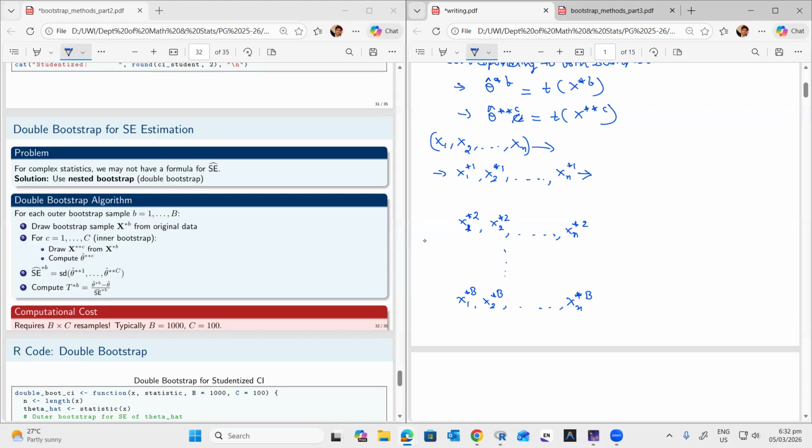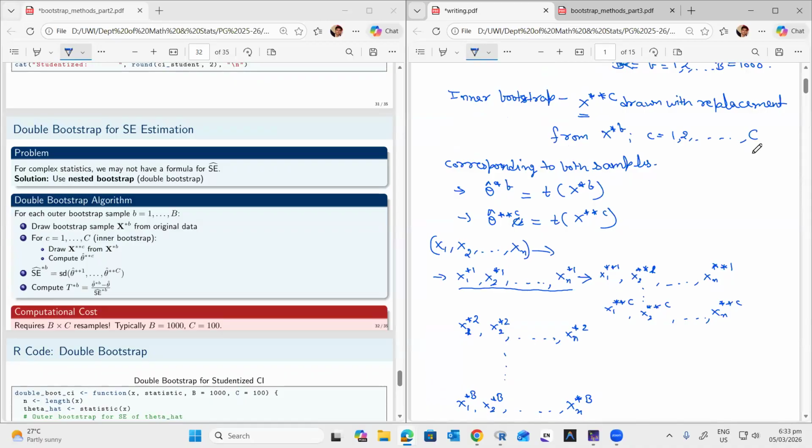We will generate a new sample from this sample, assuming it is the population, and again we will generate new samples like this: x1 double star 1, x2 double star 1, and so on up to xn double star 1, and so on up to x1 double star capital C, x2 double star capital C, and so on up to xn double star capital C.